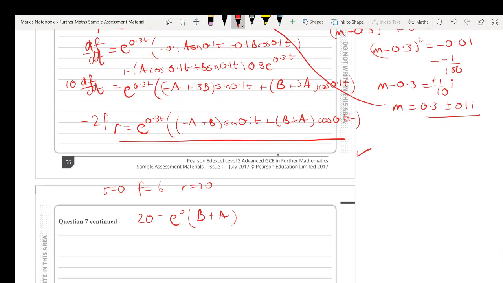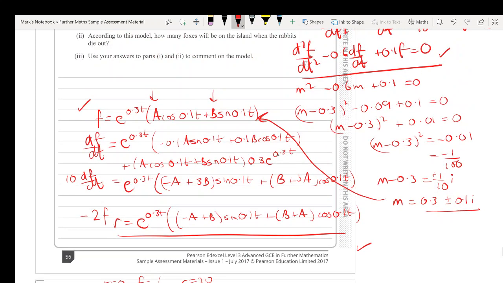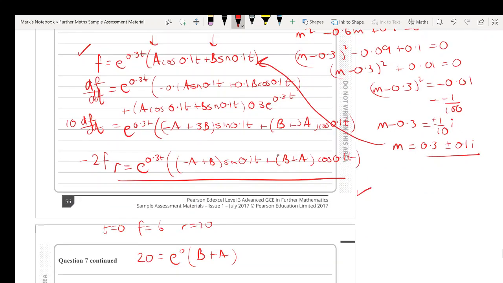And for the other one, for the foxes, find f. There's f. So it's that one there. So using this equation here, so foxes 6 is equal to, again, e to the 0.